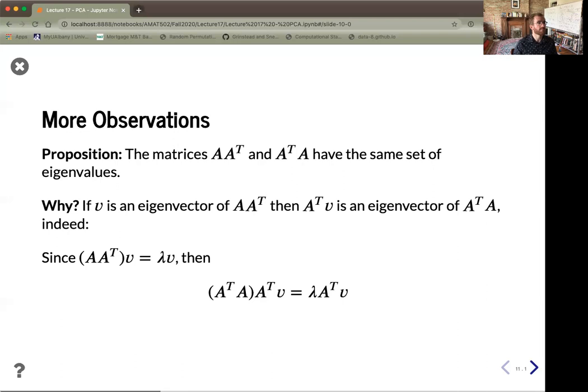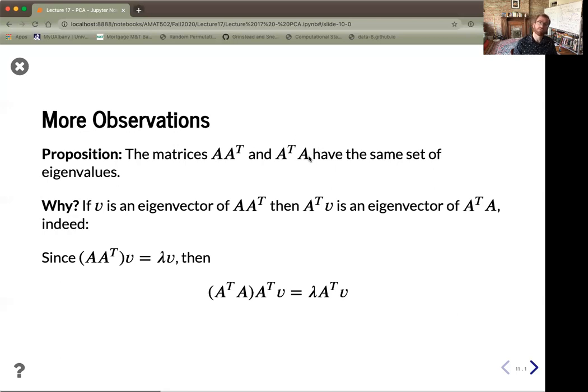Here's an interesting fact. If I take my m by n matrix A, and multiply it by its transpose to obtain an m by m matrix, even though this matrix and A transpose times A have different dimensions, one is m by m, the other is n by n, these have the same eigenvalues.